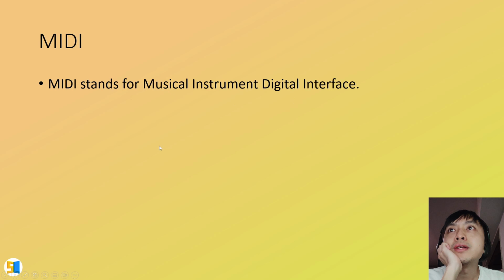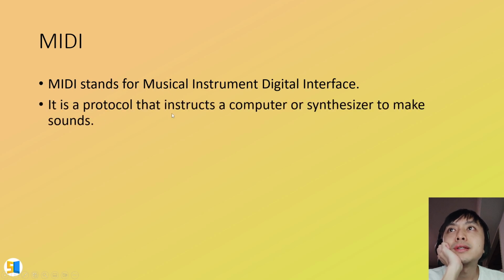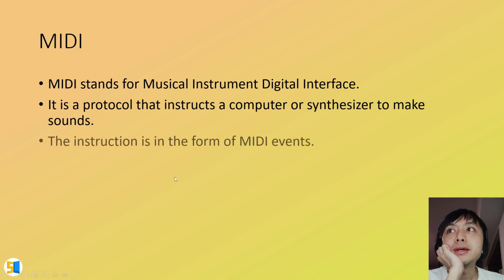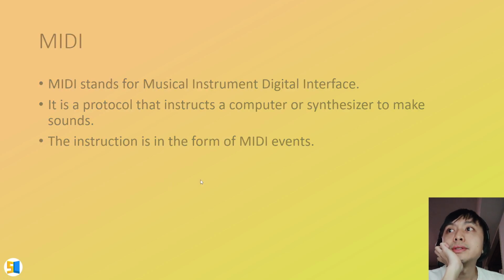It's basically a bunch of protocols that instruct a machine, which can be a computer or synthesizer, to make some particular sounds. And the instructions are in the form of MIDI events. So these events will instruct a computer to make sounds.